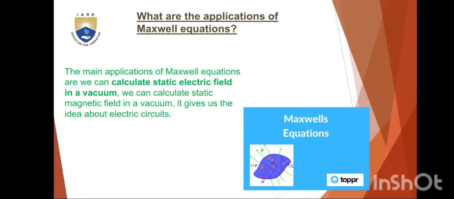And the last is Maxwell's fourth equation. It is based on Ampere's circuit law. To understand Maxwell's fourth equation, it is crucial to understand Ampere's circuit law. Consider a wire of a current carrying conductor with a current I. Since there is an electric field, there has to be a magnetic field vector around it.